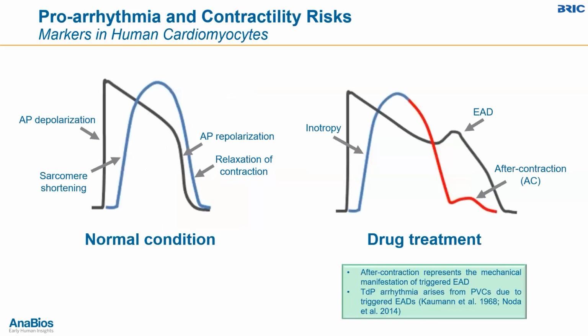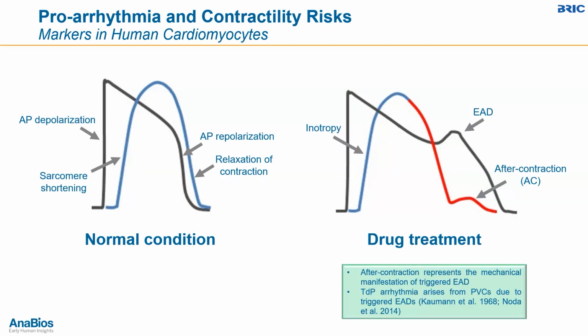Now I will explain how the contractility measurement can be used to derive, in the same experiment, the potential of a drug to affect contractility and to cause arrhythmia. Torsade de pointes and proarrhythmia are not a pure electrical issue or toxicity in the heart.